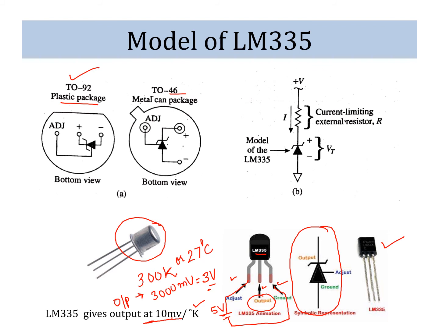This is again its equivalent circuit. We can represent it with this Zener diode, because this is the terminal voltage, and the voltage is fixed at any given temperature. So VT is actually the output voltage of this LM335, which is a function of T, that is temperature. And we know this equation, that is 10 millivolt per degree Kelvin change in the outside temperature.